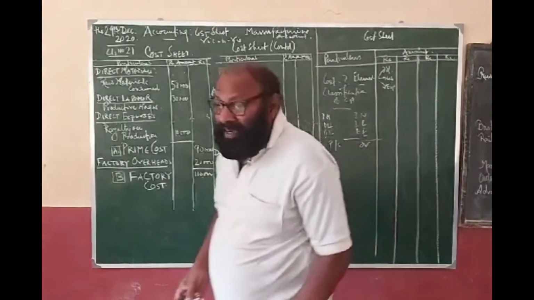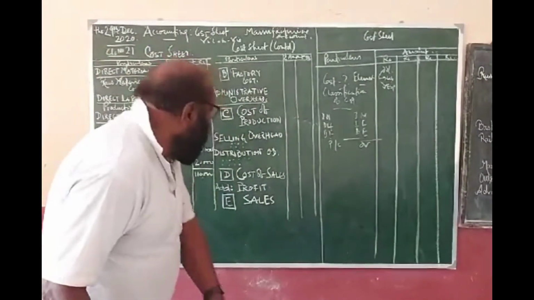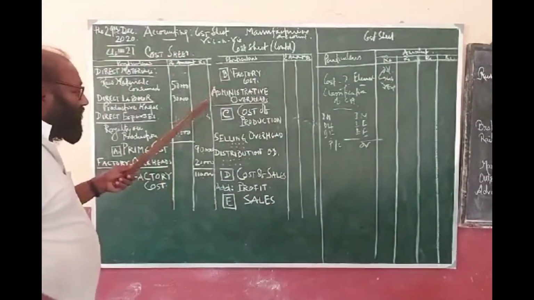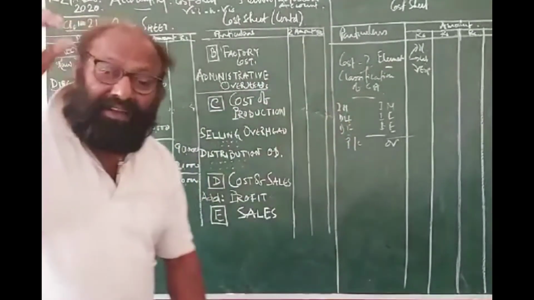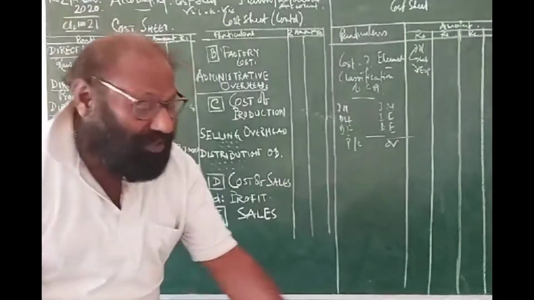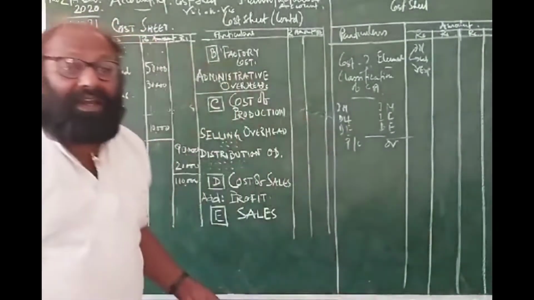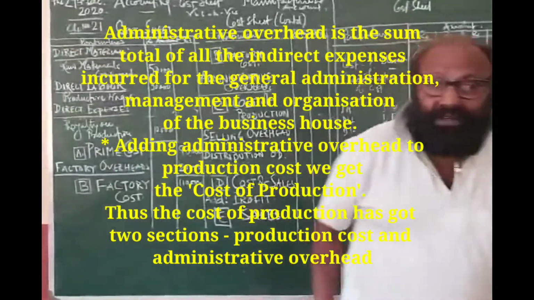Clear? Now to that factory overhead we should add the administrative overhead. Here I have given the head only. There are different heads under which the overhead expenses are made.